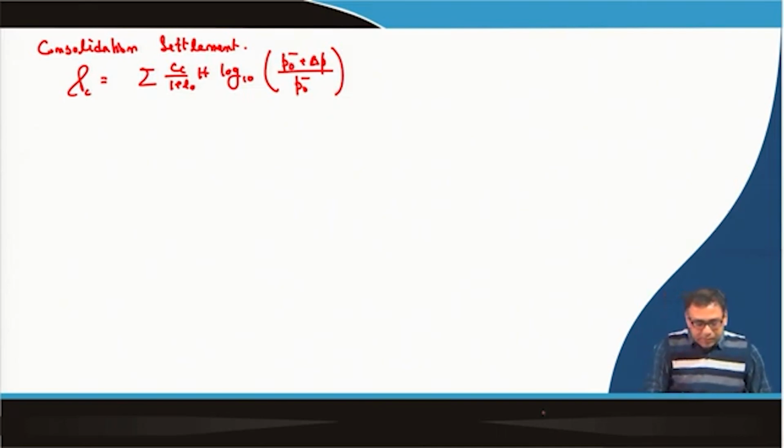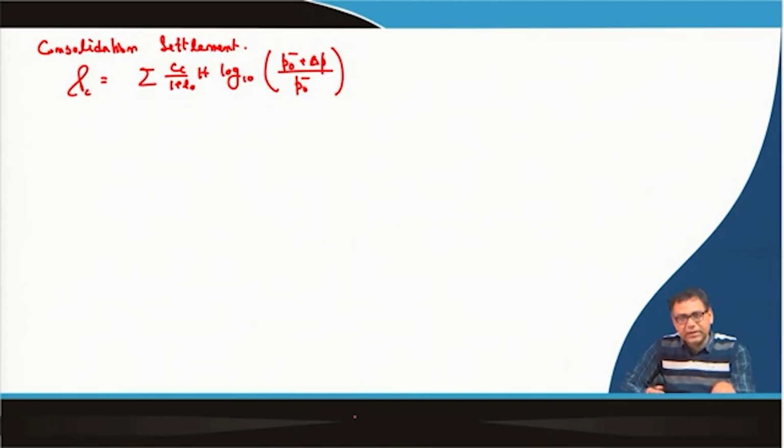Okay. Now, for this purpose, remember that because here we have assumed that this is the total range of the stress, the soil is normally consolidated soil. So, there may be a possibility the soil may be in the over consolidated range.